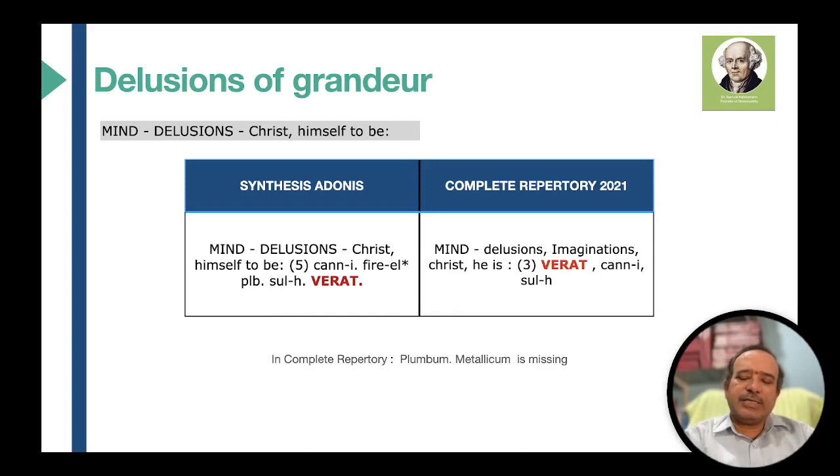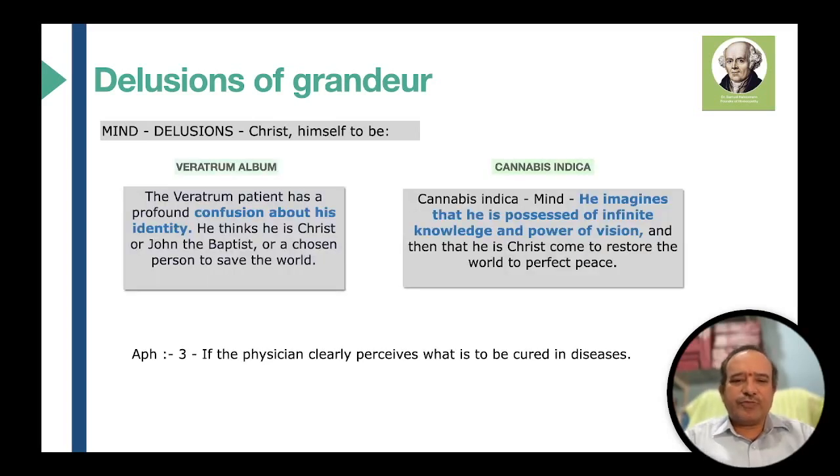The main theme in Veratrum album is confusion of mind, confusion of identity. The Veratrum patient has a profound confusion about his identity. He thinks he is Christ or John the Baptist or a chosen person to save the world.